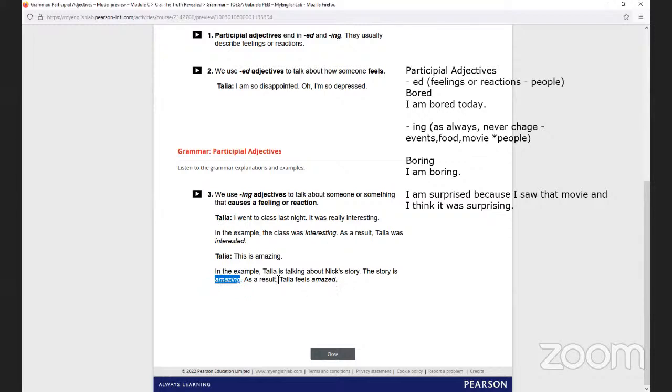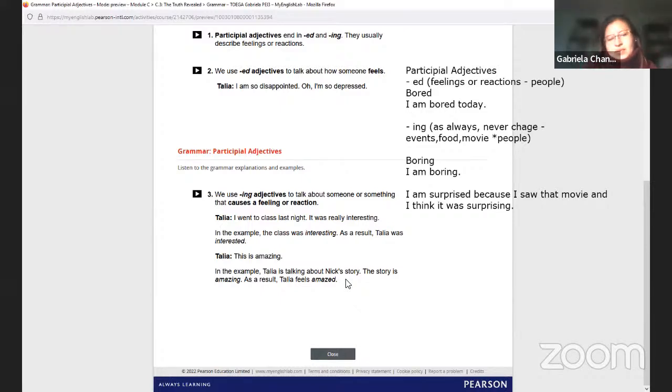As a result, Talia feels amazed with ed. So that state, that feeling could change at any moment, for example, after reading that story. So about these participial adjectives, Chris, do we have maybe some questions? No, Lore. Okay, perfect.